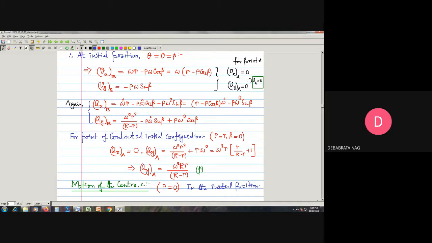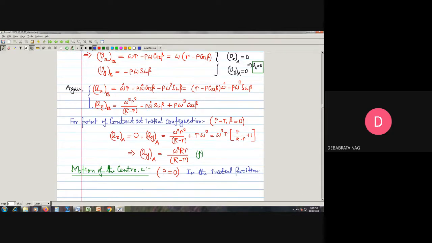So what should be the velocity of the center? You see from here that the velocity of the center point, we can write it this way, Vxc, the velocity of the center, will be equal to, by putting rho equal to 0, omega into r. So it is equal to omega into r, correct?